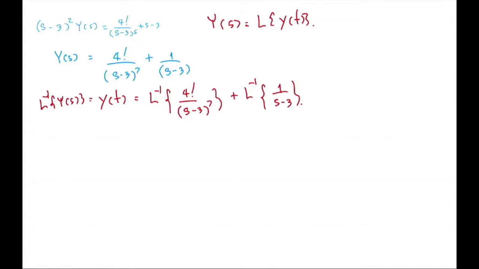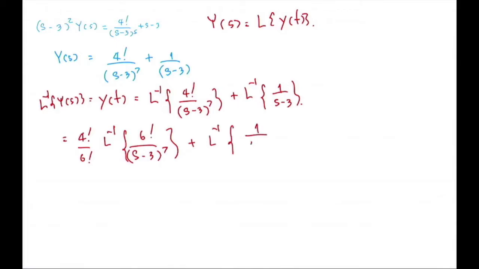And here the first one, I'll pull 4 factorial out, and then I divide it by 6 factorial, and then I get 4 factorial over 6 factorial times L inverse of 6 factorial divided by (s minus 3) to the 7 plus L inverse of 1 over s minus 3.